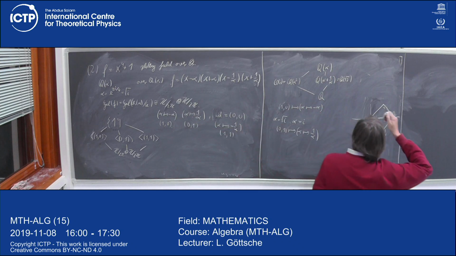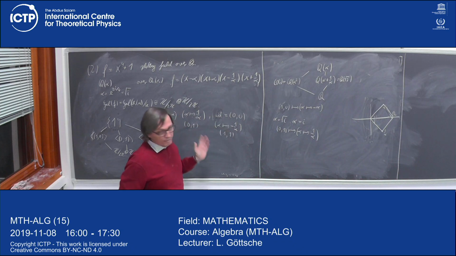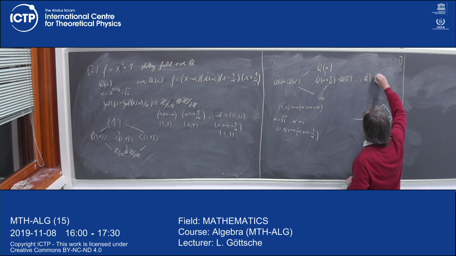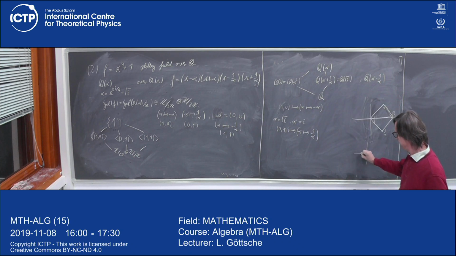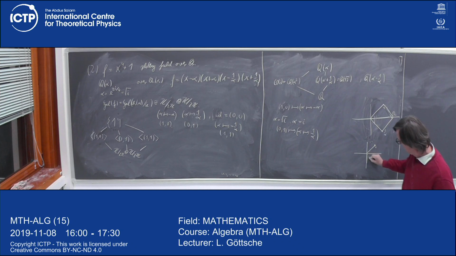Now here the element 1, 1 is alpha goes to minus 1 over alpha. As the trick worked before, now the fixed field will be Q of alpha minus 1 over alpha. And here we can also make a drawing. Here was our alpha, here's 1 over alpha, and we take minus that.